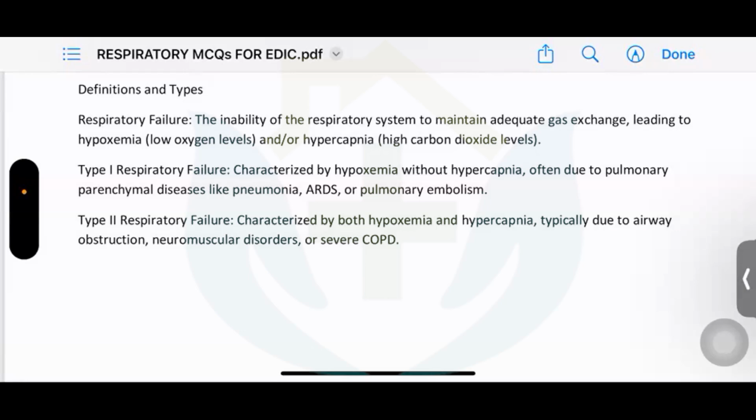That means the problem is not with the release of carbon dioxide from blood into the alveoli, but with the oxygen traveling from the alveoli into the blood. Usually these are the parenchymal diseases like pneumonia, ARDS, pulmonary embolism, and thickening of the basement membrane of the alveoli, for example IPF, idiopathic pulmonary fibrosis.